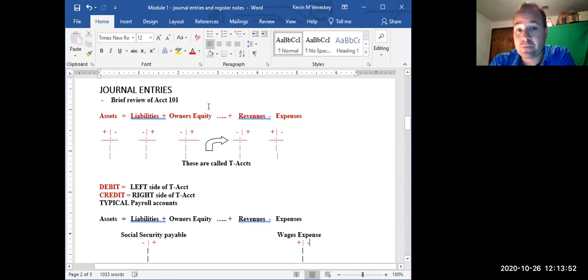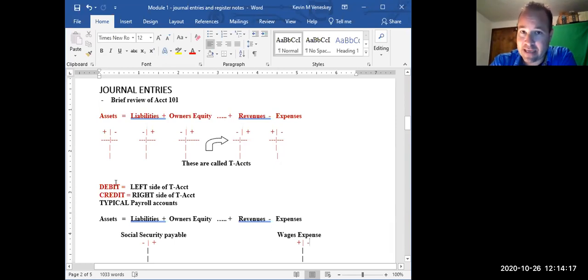Liabilities and owner's equity, revenue and expenses. The main areas we're going to look at in this class are liabilities, the amount of taxes that were withheld from your check that need to be paid. And we're going to look at the amount of taxes that have accrued and the amount of wages that have accrued over here. Those are going to be the two main areas we're going to look at out of this accounting equation for this class.